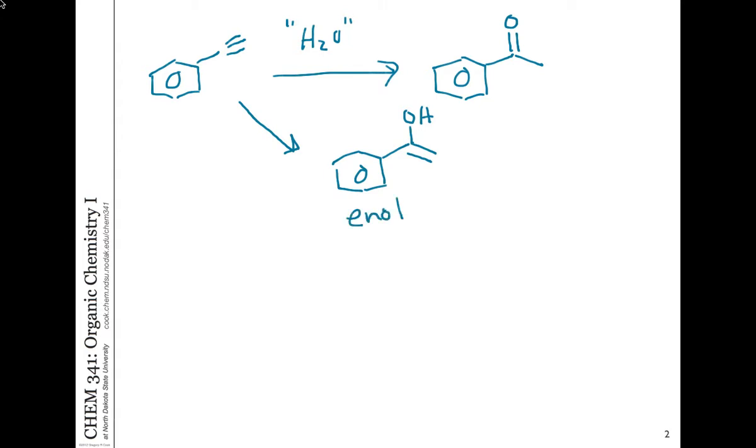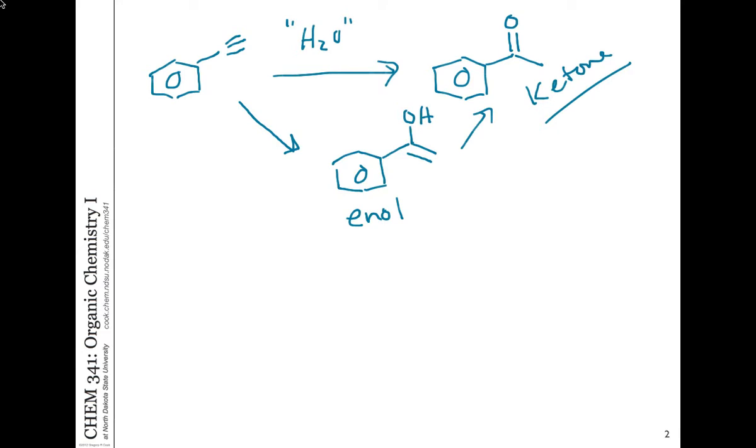And that's not stable. It quickly isomerizes. The hydrogen transfers to the carbon and the double bond transfers to the oxygen to the ketone form. So that enol is nothing more than a transition state. No, the enol is an intermediate. It's not a transition state. It exists. It's an intermediate.